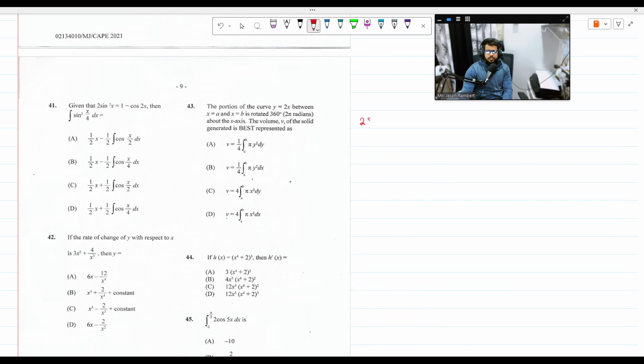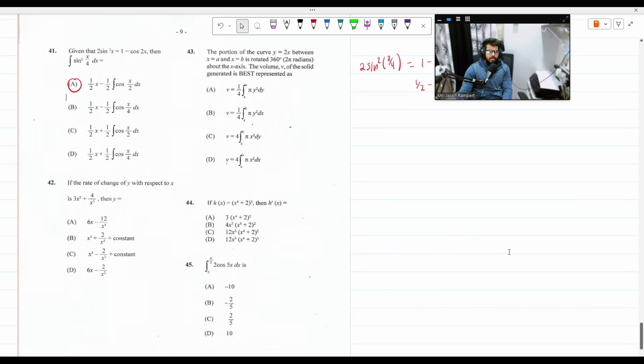I'm going to get 2 sine squared x on 4 is equal to 1 minus cosine 2 into x on 4. The 2 and the 4 cancel. I'm going to get a half take away a half cosine x on 2. And I had to integrate that. We integrated the first piece already, so I need to take away a half cosine x on 2. So the answer is A.